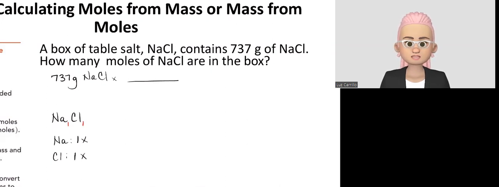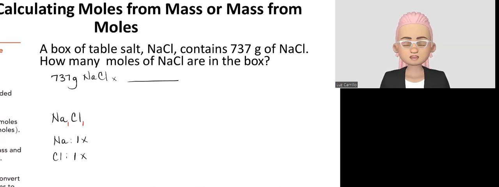So when we do that, let's write down the molar masses for sodium and for chlorine.